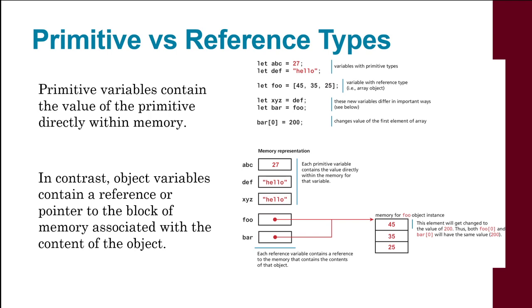Arrays start at 0. We're setting that first element to 200, so now it'll be 200, 35, 25. What does that mean in memory? ABC is set to 27, def is set to hello, XYZ is set to hello, and then it's just showing that the other two are set to an instance of that array.